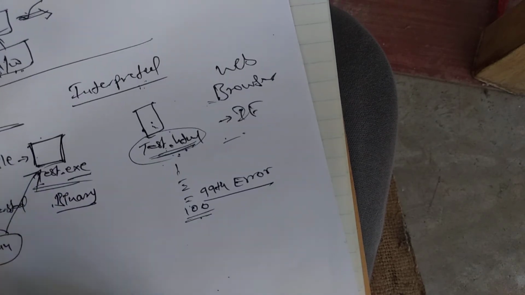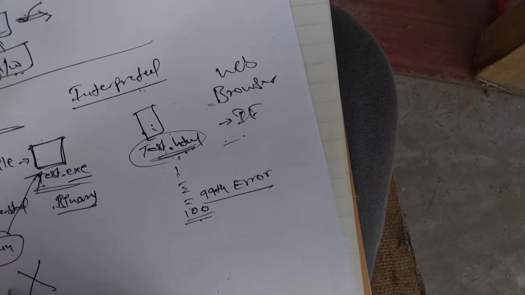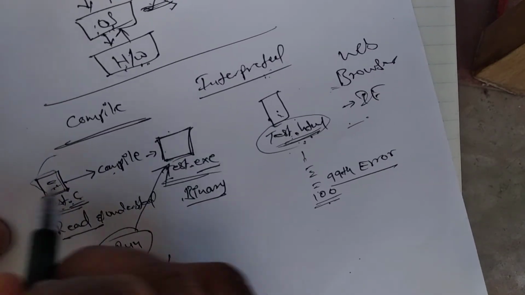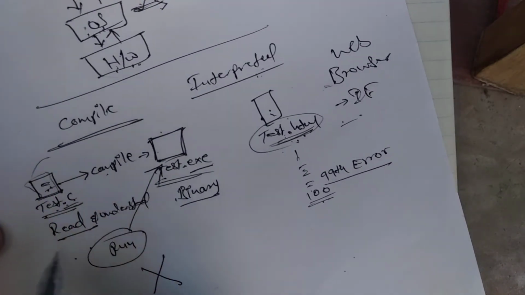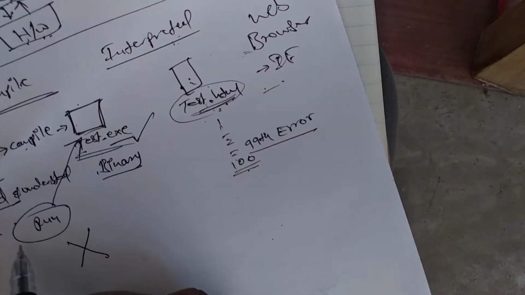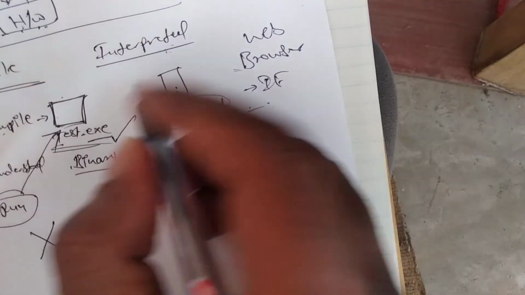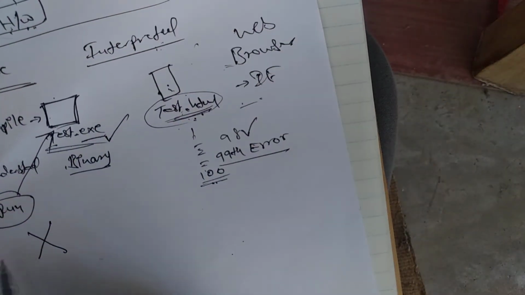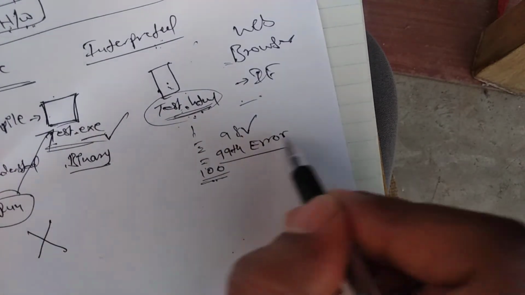In this case, the C program will not work. That means it will not compile. It will compile only if all 100 lines are correct, then it will generate an executable file. In the interpreted language, it will execute lines 1 to 98, and it will stop there itself.